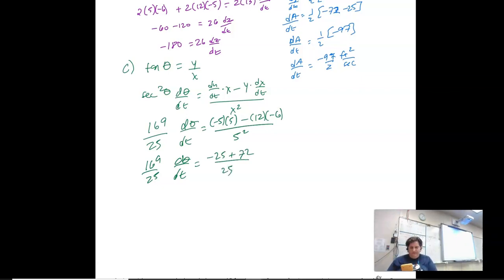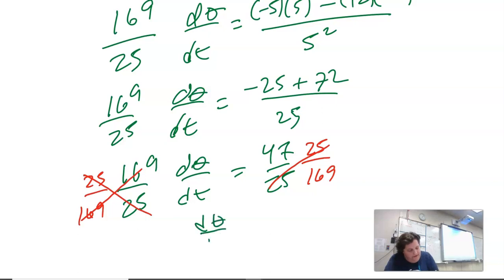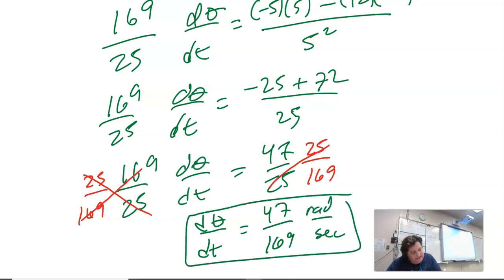Negative 25 plus 72 is 47. So that's 47 over 25. And then I am going to solve by doing the reciprocal of this. Boom, boom. And my answer for d theta/dt is 47 over 169, which I do not believe reduces. Heck no. Radians per second.